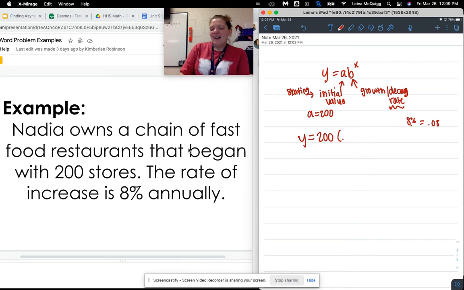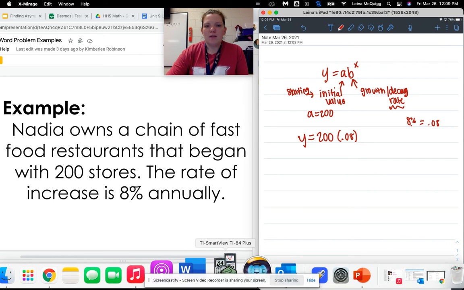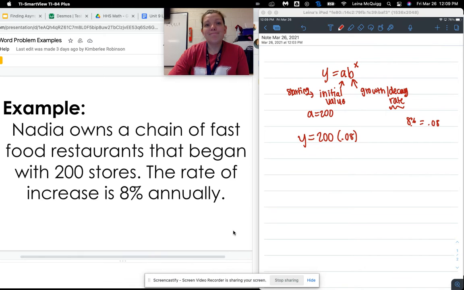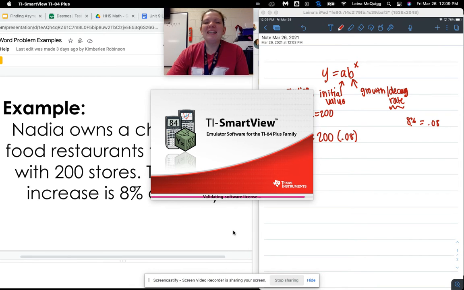But if I just plugged in 0.08 here, let me show you what happens. Let me open my calculator really quick. If I multiply 200 by 0.08, I haven't put my x in yet, so I'm just going to pretend my x is 1.